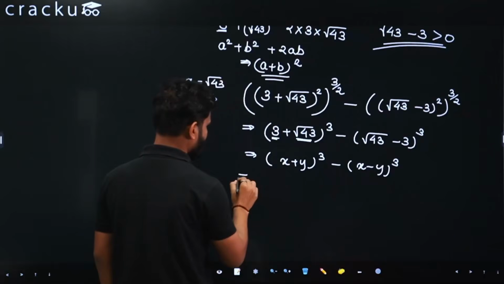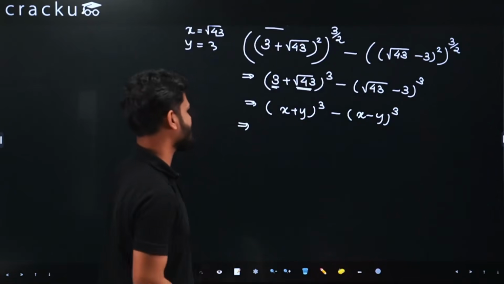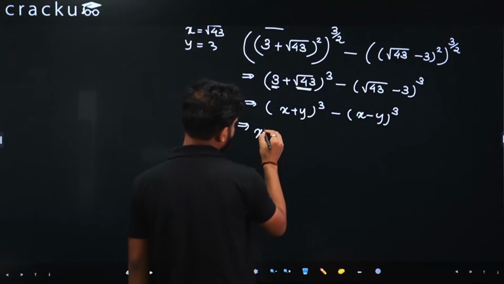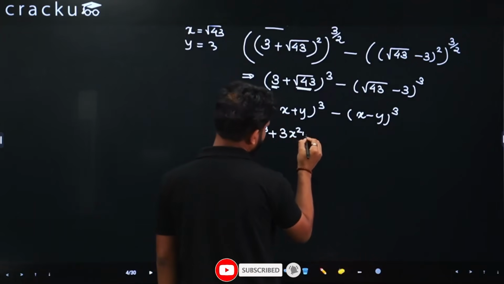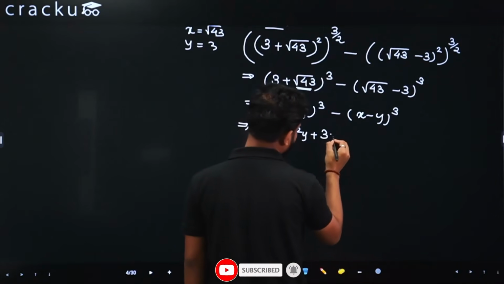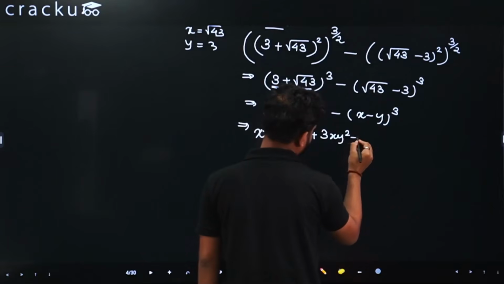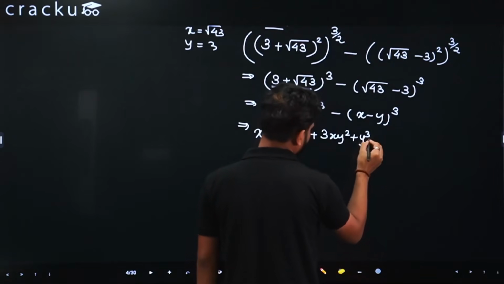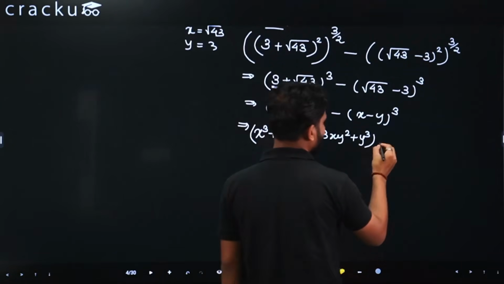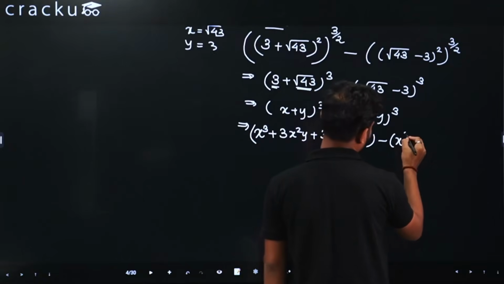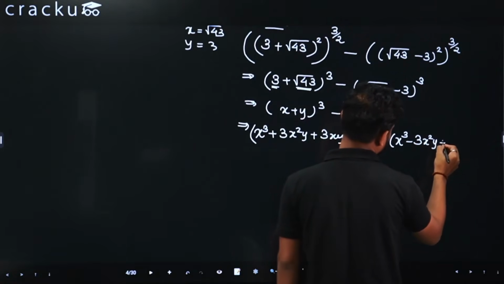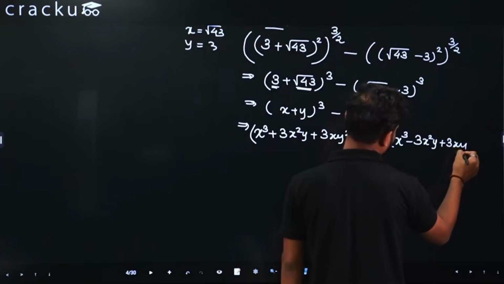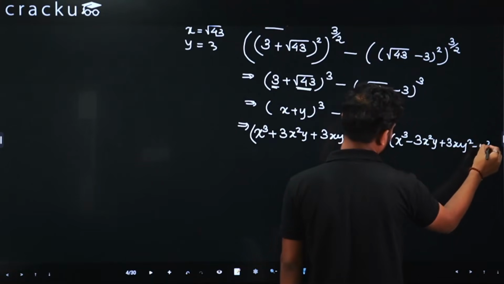Now how do you solve further? We know X plus Y cube is X cube plus 3x square Y plus 3xy square plus Y cube. Right? What is X minus Y cube? It is X cube minus 3x square Y plus 3xy square minus Y cube.